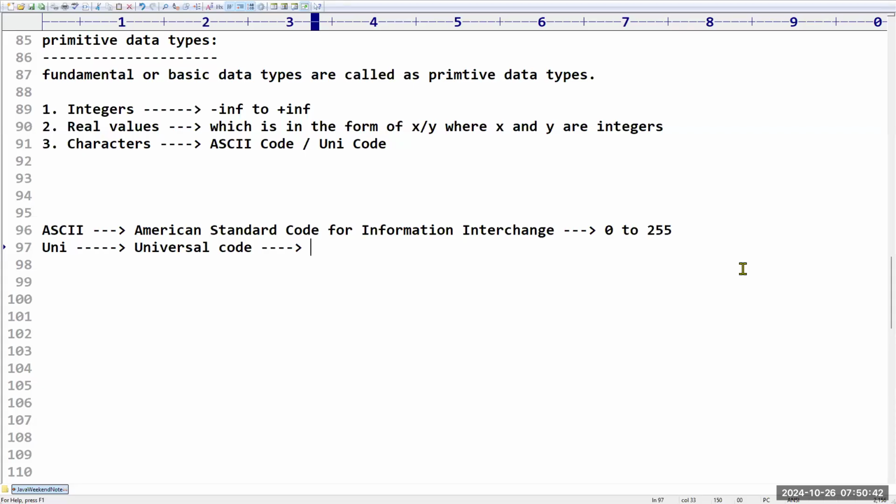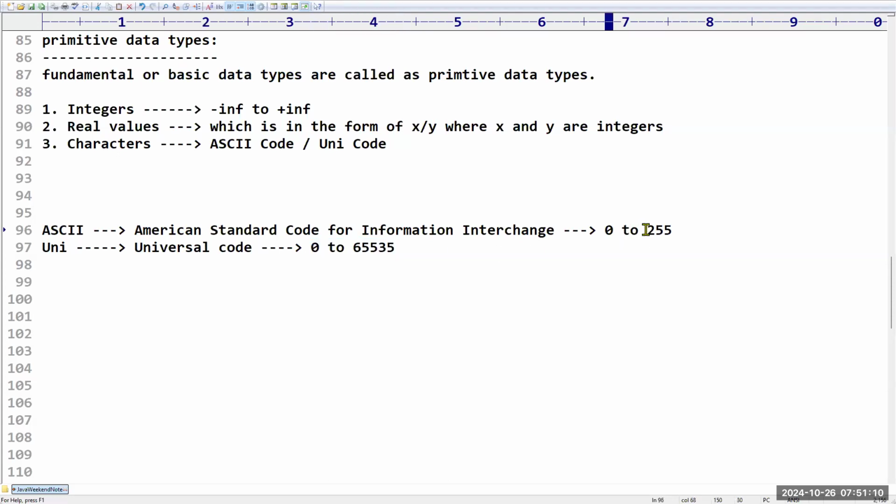All those characters, like Telugu alphabets, Tamil alphabets, English, Urdu, Hindi, Sanskrit, every alphabet will be available. What about its range? It takes 0 to 65,535, so in total 65,536 characters are there.